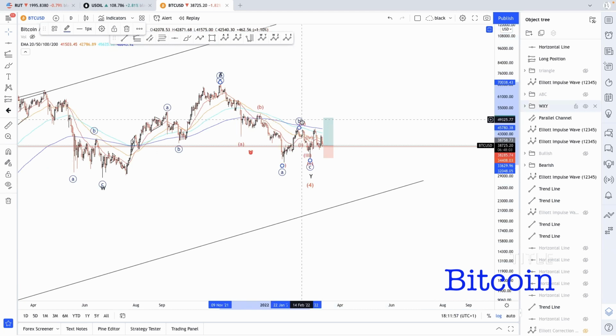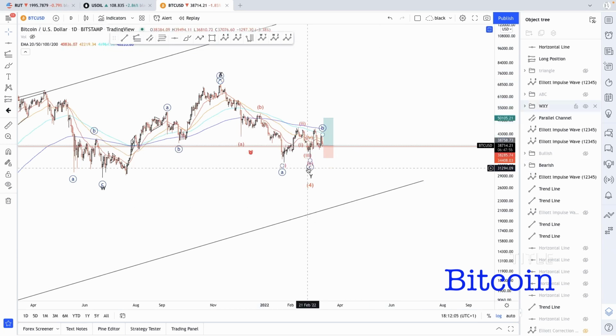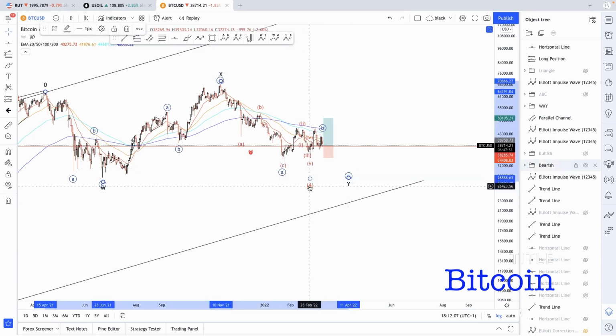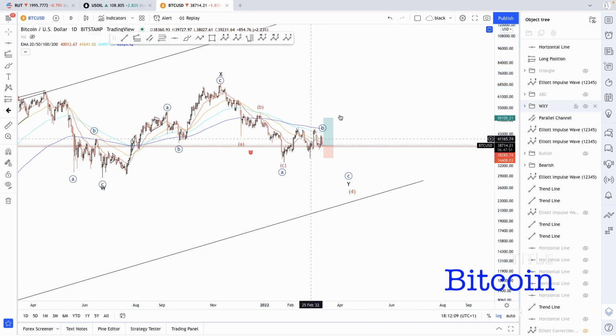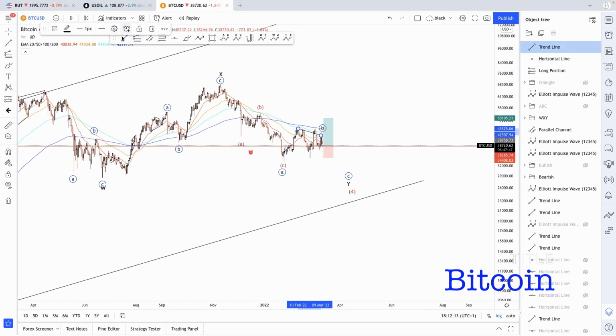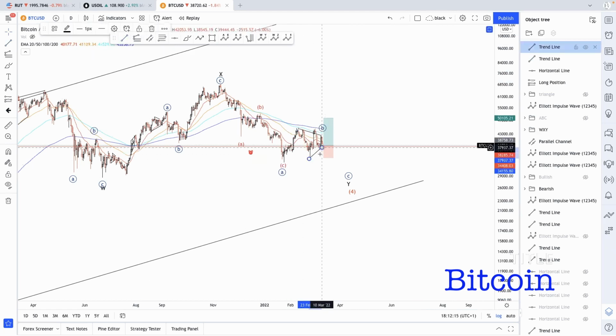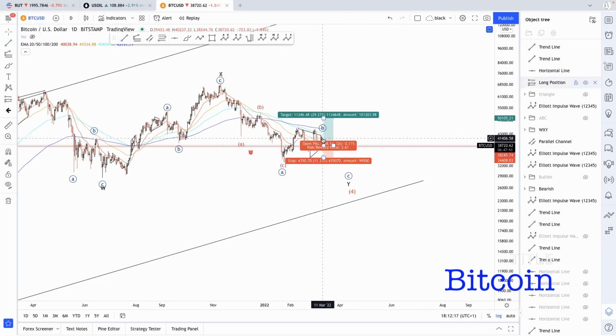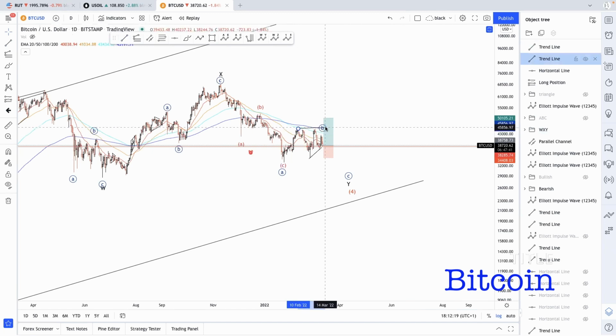So I'm going to modify this and see it as an ABC like that. Let's get rid of this. Potentially this is a triangle in wave B right there: A, B, C, D, and E.